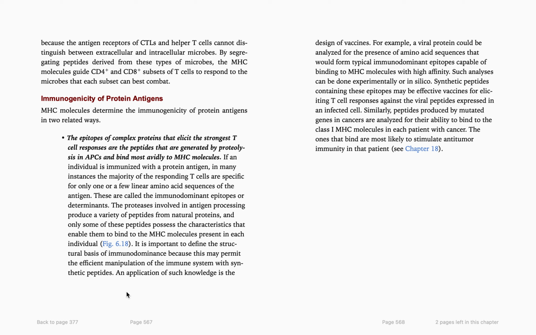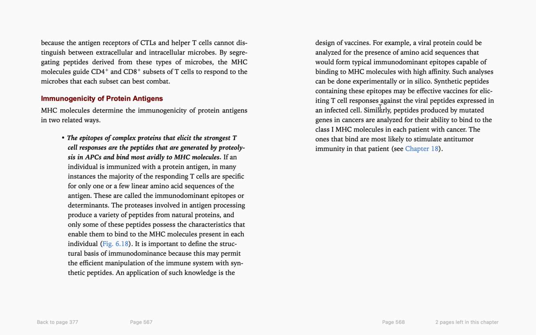An application of such knowledge is the design of vaccines. For example, a viral protein could be analyzed for the presence of amino acid sequences that would form a typical immunodominant epitope, capable of binding to the MHC molecule with high affinity. Such analysis can be done experimentally or in silico.